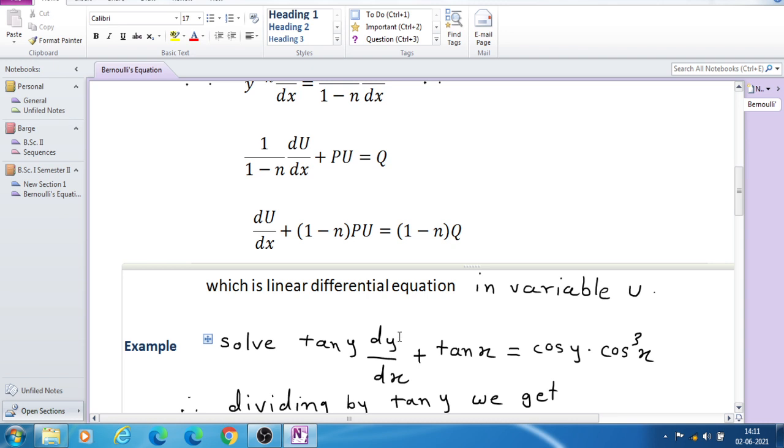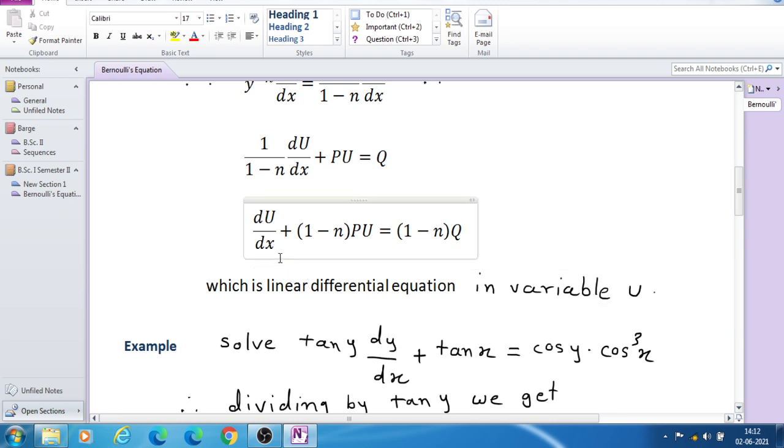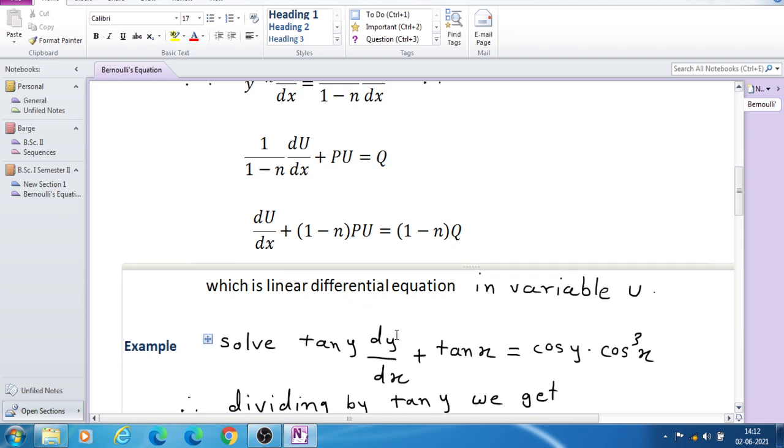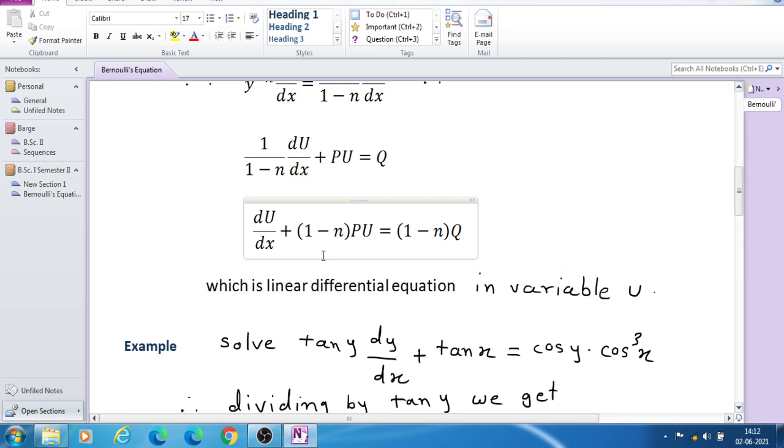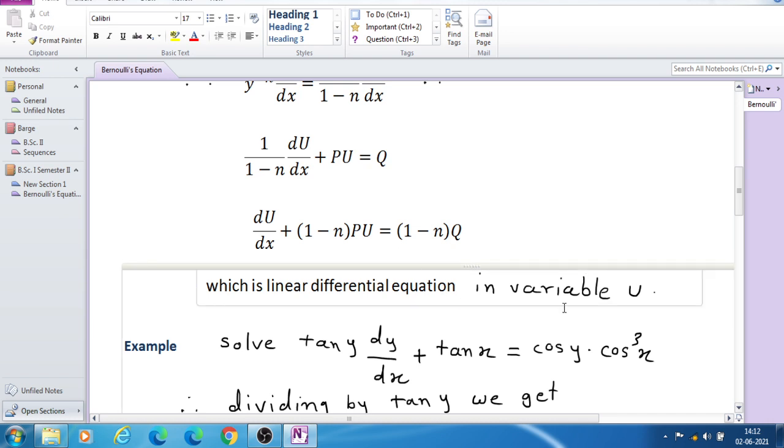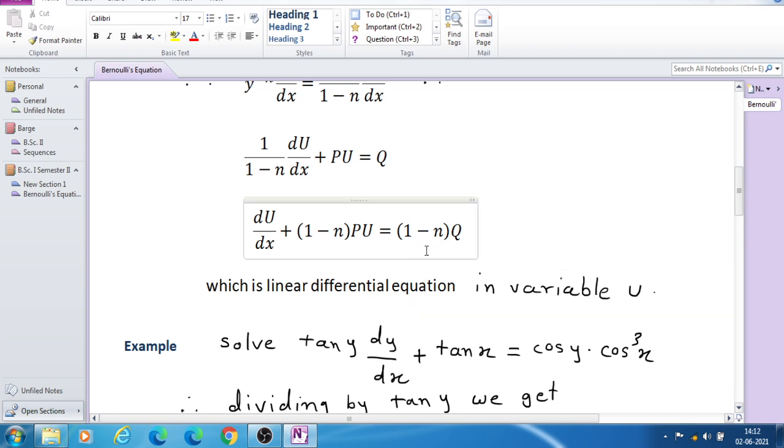You know the type of linear differential equation is dy by dx plus p into y is equal to q. Instead of y, here we have u, so du by dx plus p into u, where our p is 1 minus n into p, and instead of q we have here 1 minus n into q.